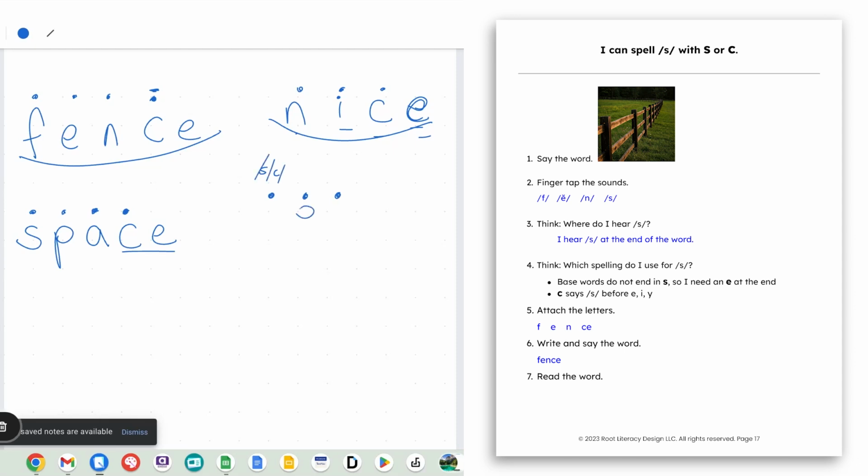But I know that the next sound is E. So what letter? I know that C spells S when it's next to an E, I, or Y. And the next sound is N, sen. And the next syllable is ter, t-er. Attach the letters, T-E-R, center, center.